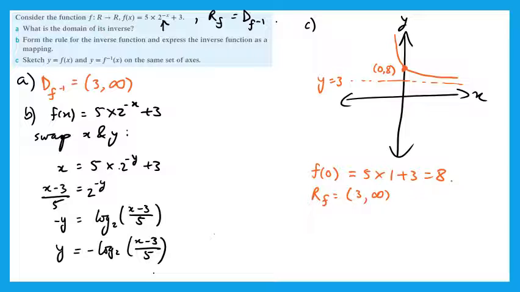So then if we want to write out the mapping, we would have f inverse, and we write down the domain up here being 3 to infinity, going to all the real values, for f inverse being equal to what we have up there, which is negative log 2 of x.